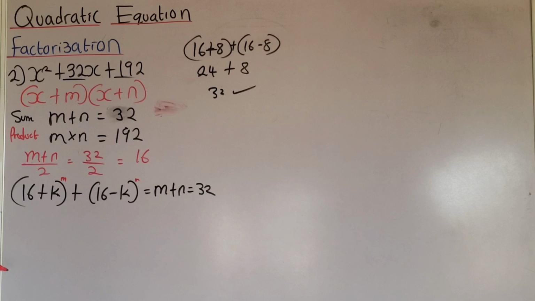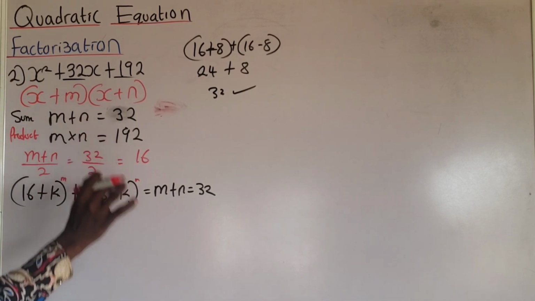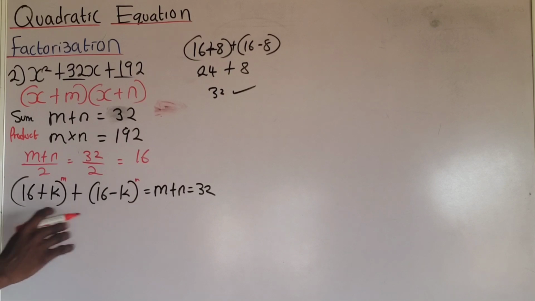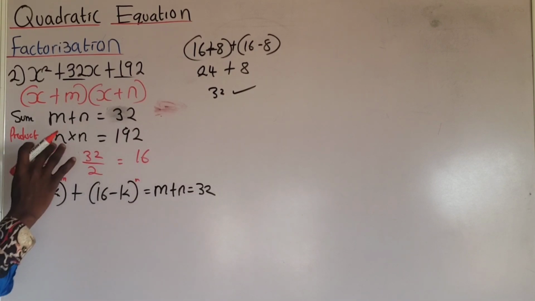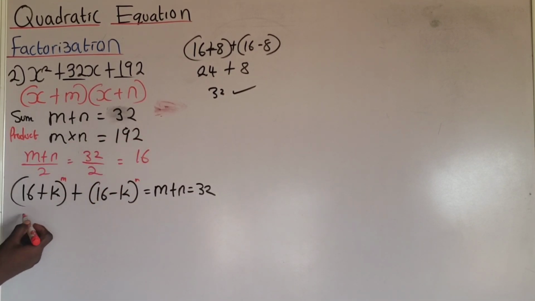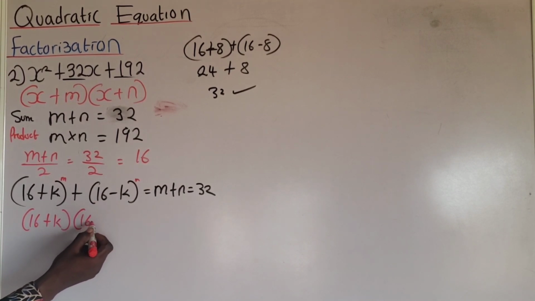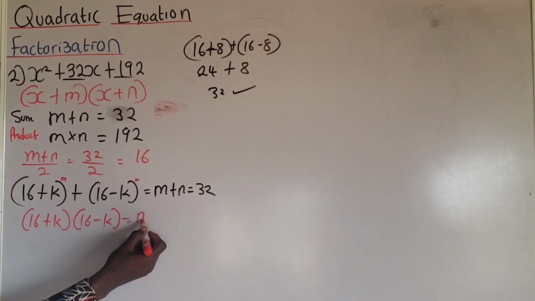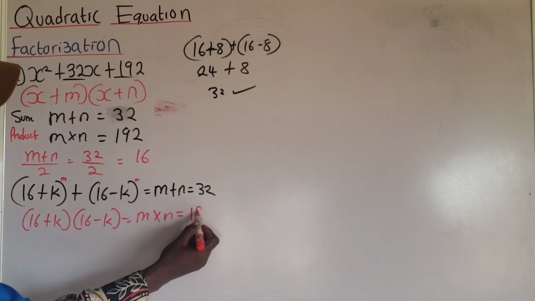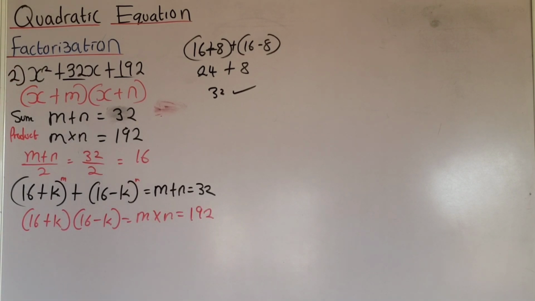So we are going to have 16 plus k multiplied by 16 minus k, which must be equal to m multiplied by n, which is 192. Now you can see that this is just a typical example of the difference of two squares.